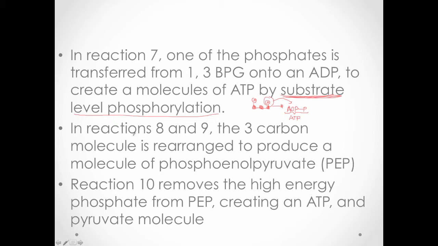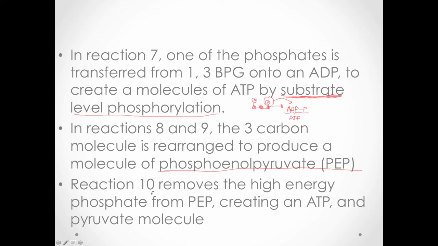In reactions 8 and 9, the 3-carbon molecule is rearranged to produce a molecule of phosphoenol pyruvate, short for PEP. So if you could please make a jot note about phosphoenol pyruvate in your book, that's important because we will revisit phosphoenol pyruvate in the Calvin cycle, so in photosynthesis.